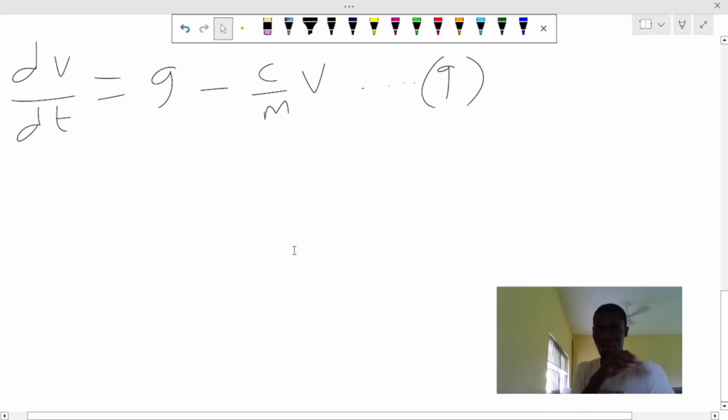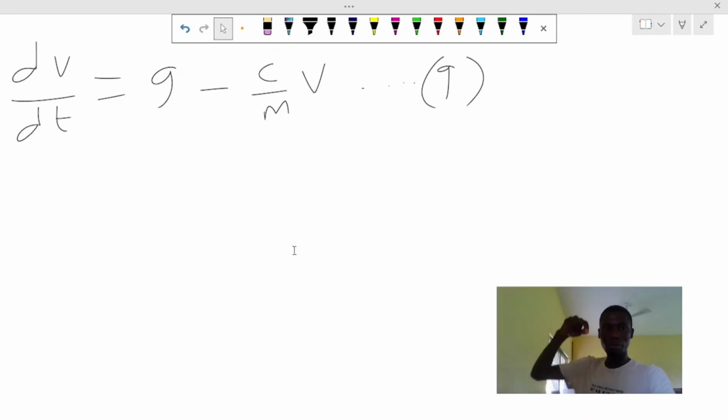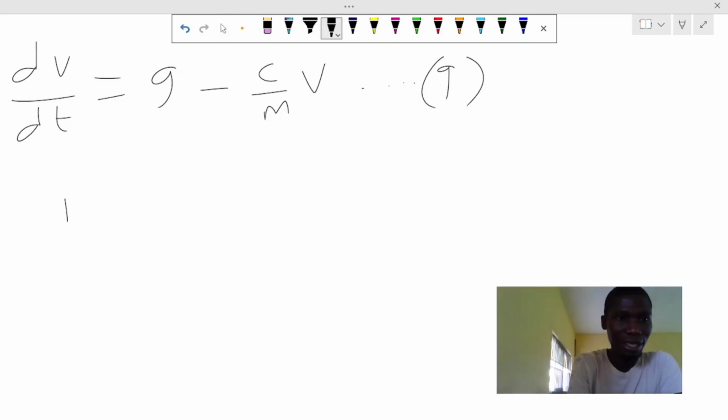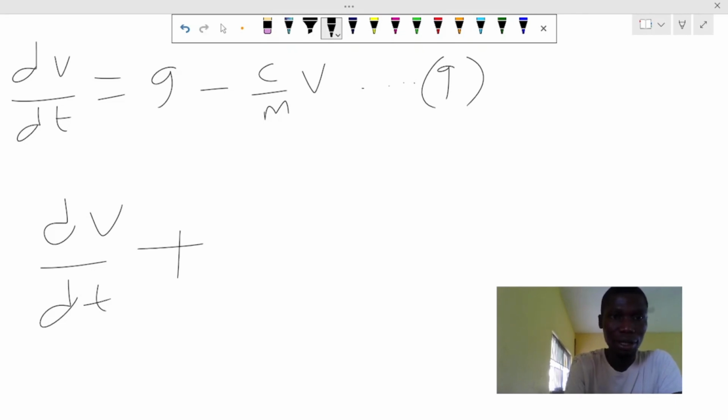If we differentiate this, we'll arrive at an answer. But let me write the whole thing here. To solve this, you use the form dv/dt plus c over m v equals g.